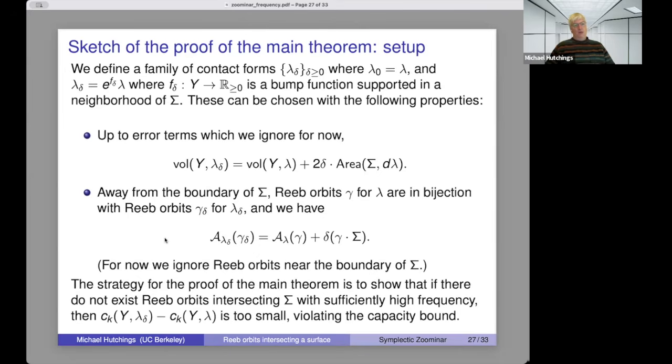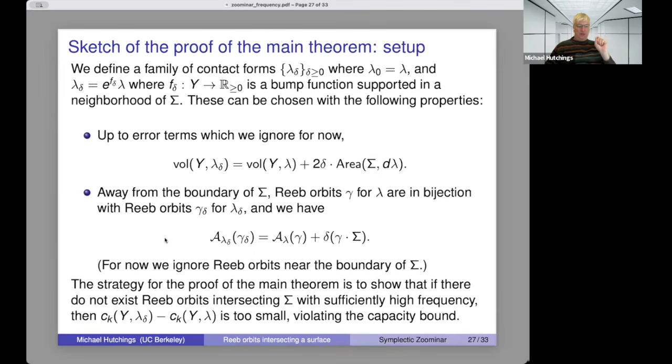What would be bad for me is if, before perturbing anything, you have Reeb orbits that start near the boundary of sigma, and then they wander away and go all around Y and go on a long odyssey, and then come back near the boundary of sigma, and I have no idea where they've been. Then that would mess everything up.